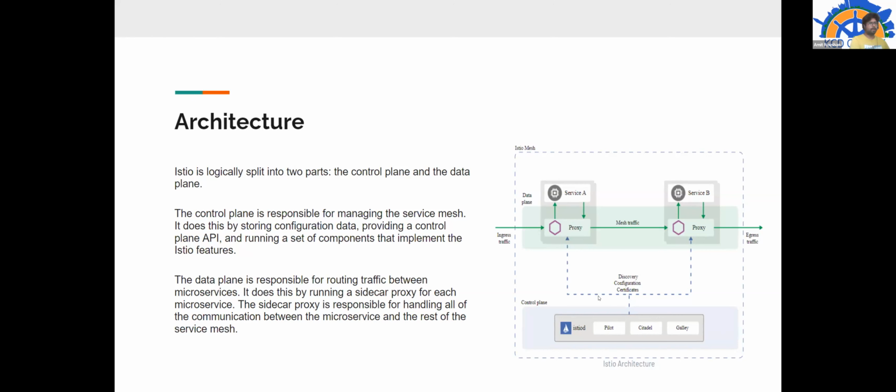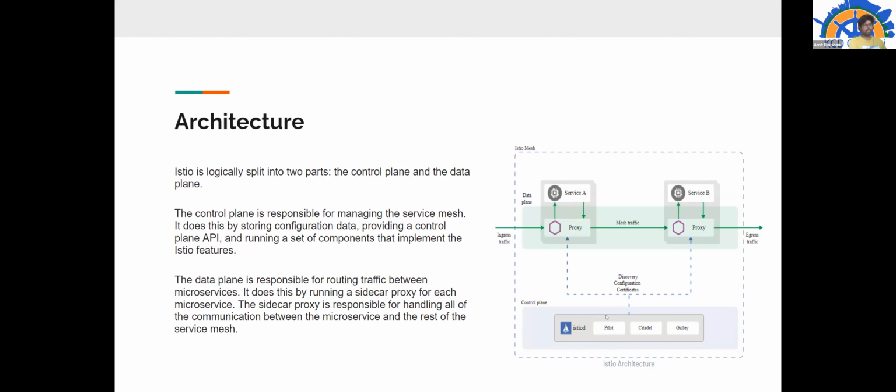Okay, now when we talk about the control plane, there are three major components. The first is Pilot, which is related to discovery. So whatever services we are deploying in Istio will be discovered by Pilot. How it does this is that it gets integrated with the service discovery of the platform itself.